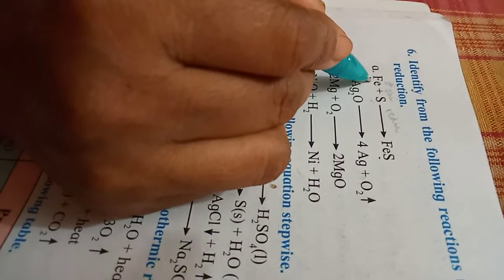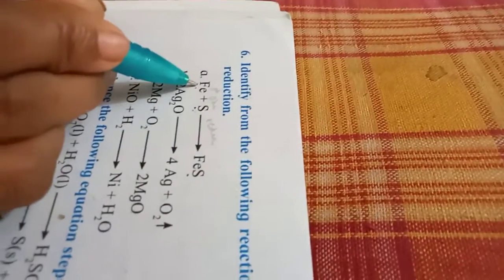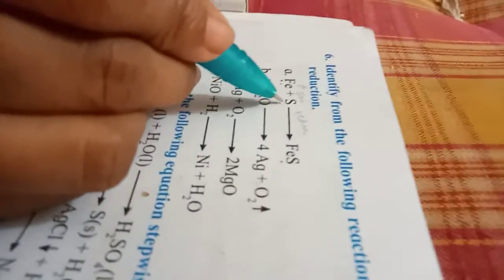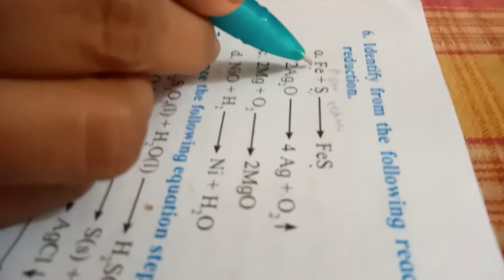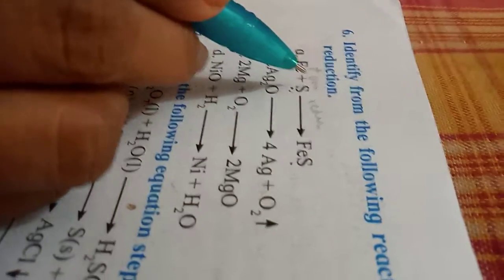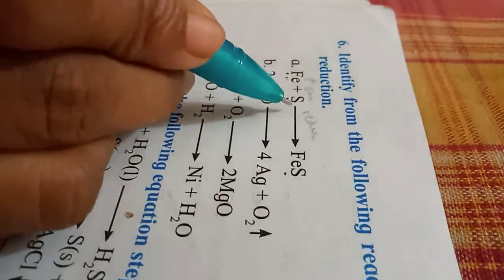So loser of electron, oxidation. Gainer of electron, sulfur is a gainer of electron, reduction. So iron undergoes oxidation, sulfur undergoes reduction. Though it is difficult to understand here, Fe or iron is the loser of electron, hence oxidation. Sulfur is a gainer of electron, hence undergoing reduction.